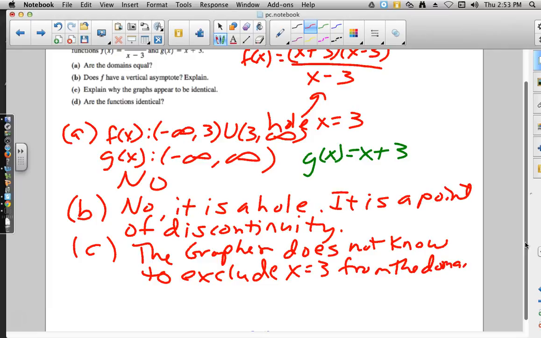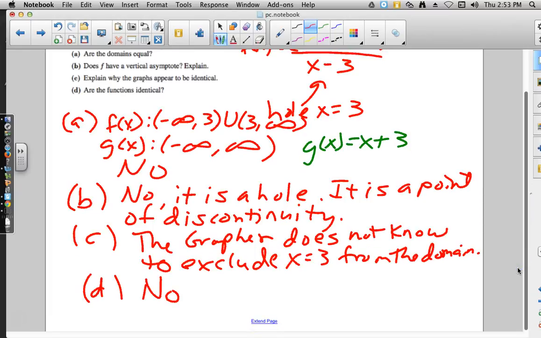Graphing calculators are built to try to connect everything up unless you're in dot mode, so it's doing the best it can do. D says, are the functions identical? No, absolutely not. And that would be because f of x has a hole in the graph.